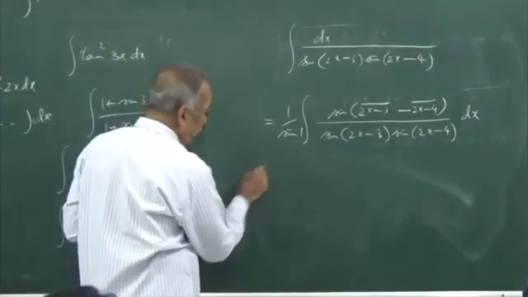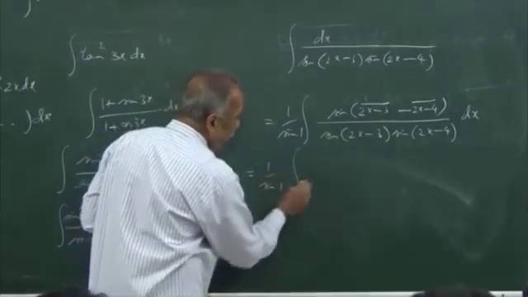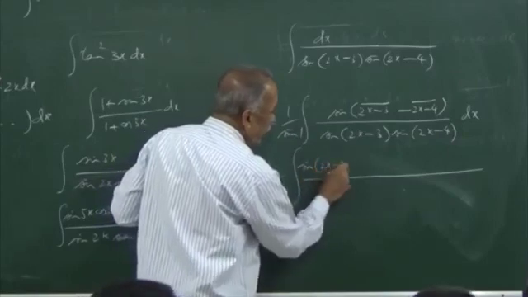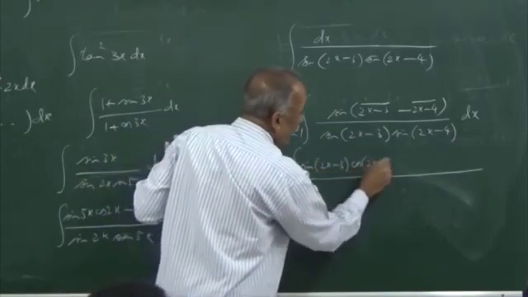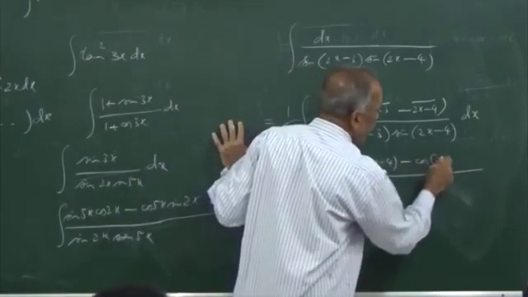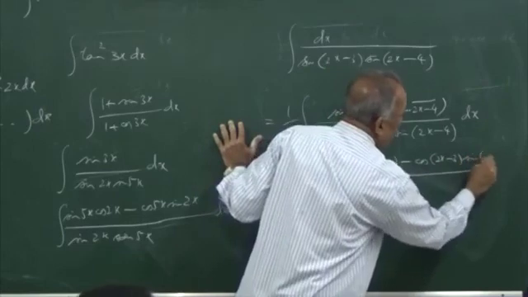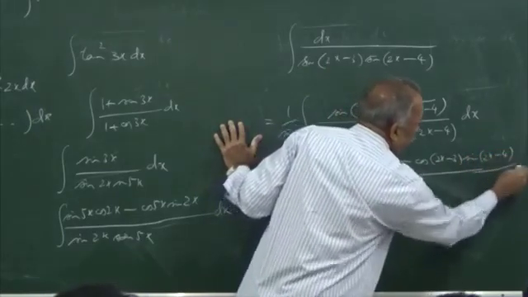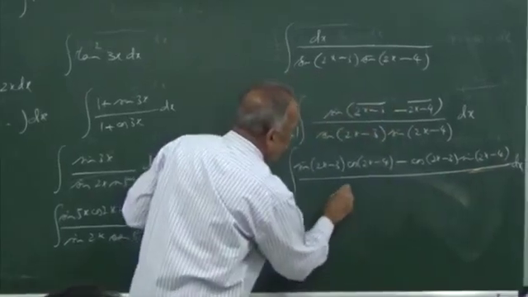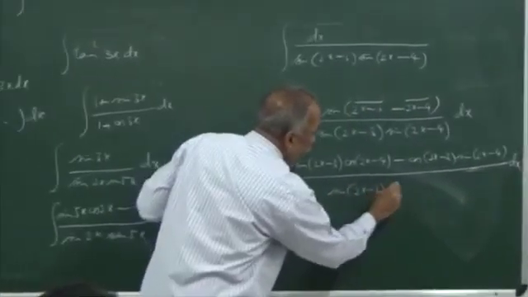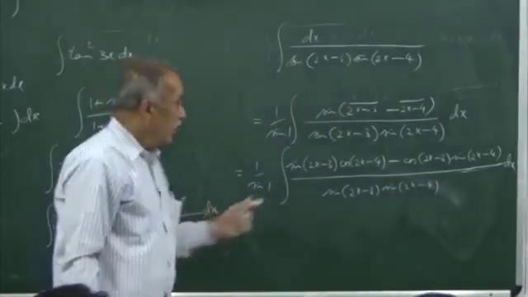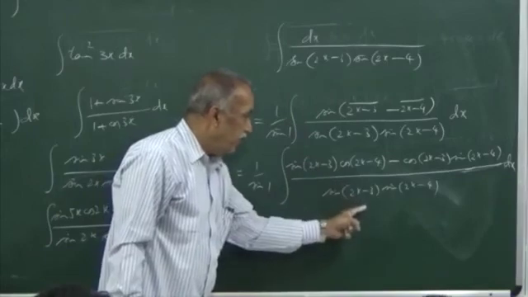On expansion, what is this divided by this?